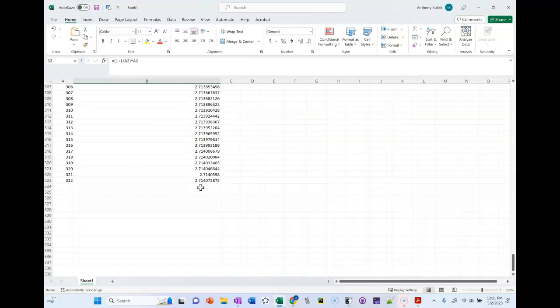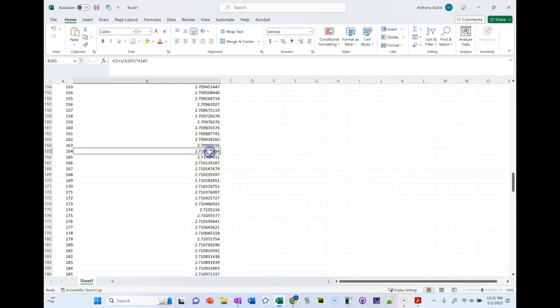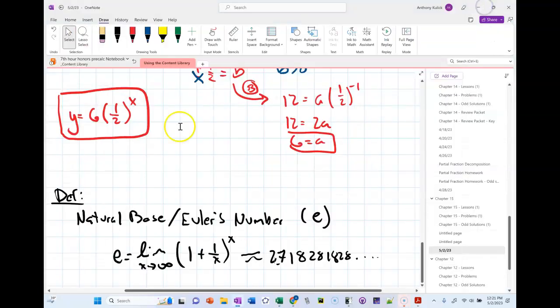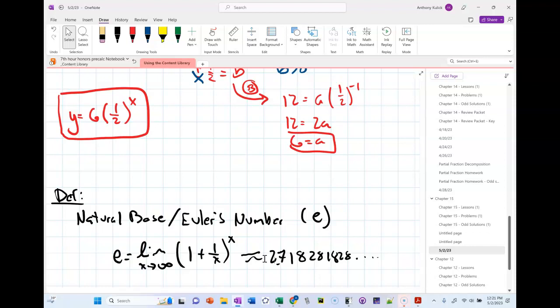Depending on how close you want to your actual answer just depends on how many x's you have to go through. If you need 2 decimal places, what did we go through to get that? We did right here about 164 to get 2 decimal points. You'd have to do more to get more, but Excel is good at this. Computers are good at this kind of recursive work. We'll show you how we could do this limit in practice, but we'll do it a little bit later on when it makes a little bit more sense.